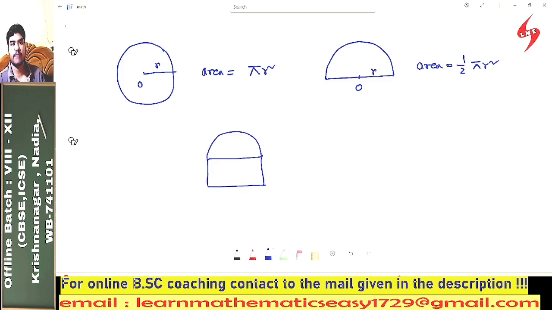Now if I have a figure like this, how can you find the area of this total figure? You can see here, this is a semicircle, and here you can see this is a rectangle, right?